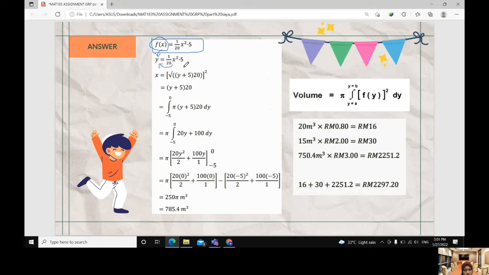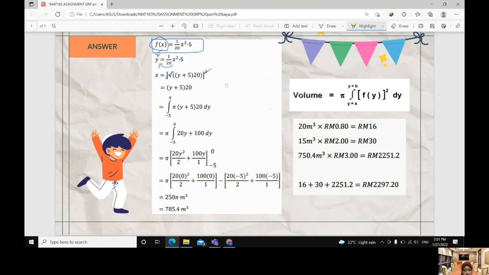Okay, if you can see, we can cancel the square root and the square. And we will get y plus 5 multiplied with 20. Actually, this is our f(y) value. So we must insert this value into the volume method formula.